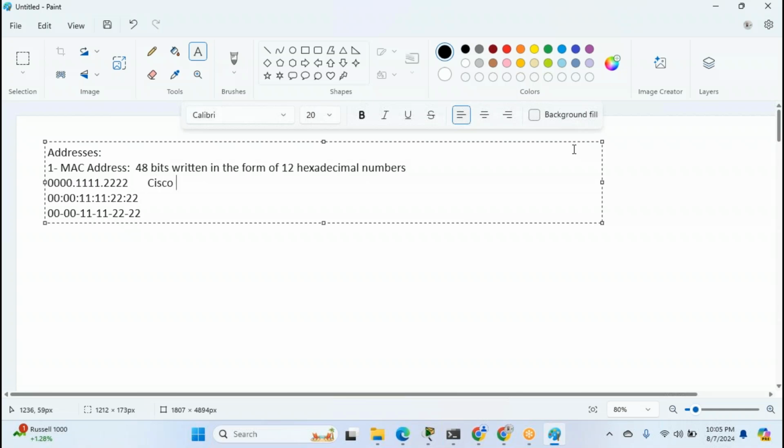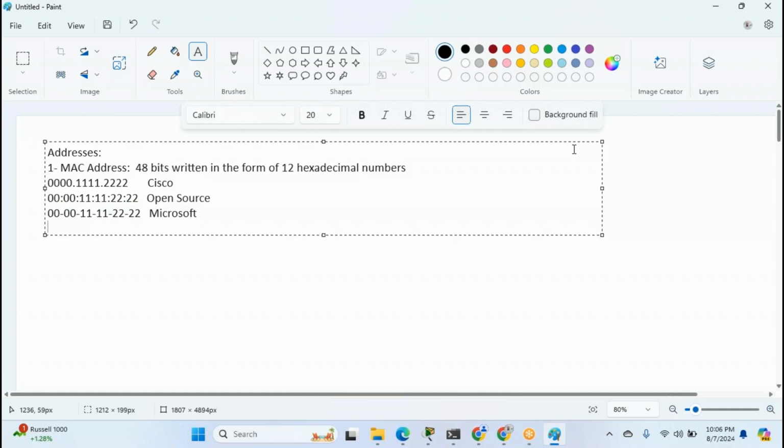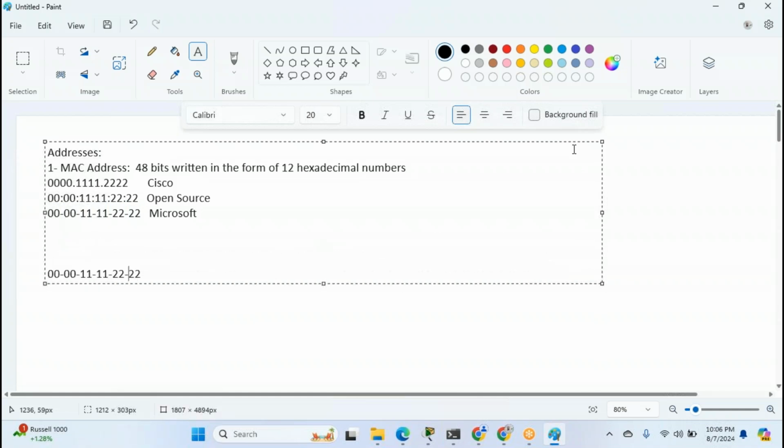Usually you can see this one on Cisco devices, this one on open source Linux and Unix, and this one on Microsoft. It is guaranteed that this address is a unique address. That guarantee is based on the fact that we can divide this address into two parts.